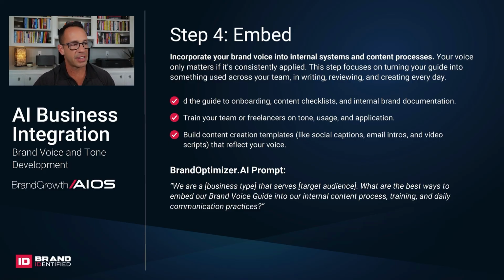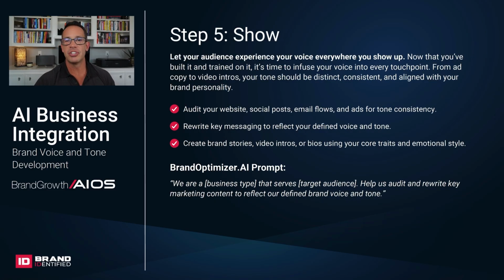And then as always, I provided you with a BrandOptimizer.AI prompt for step number 4. Step number 5 is to show. Let your audience experience your voice everywhere that you show up. Now that you've built it and trained on it, it's time to infuse your voice into every brand consumer touchpoint. From ad copy to video intros, your tone should be distinct, consistent, and aligned with your brand's personality.